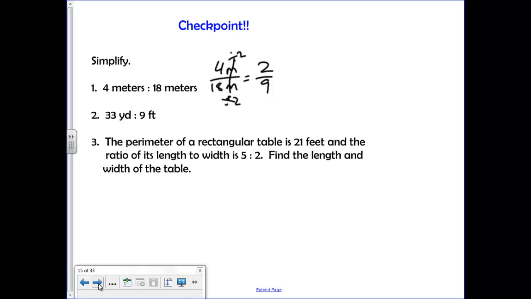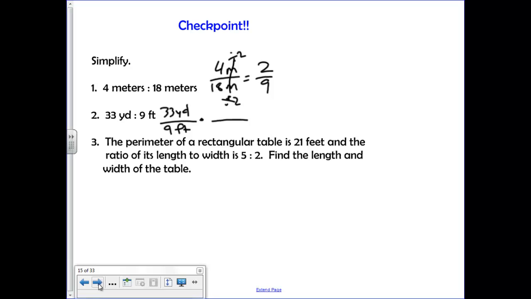Very good. How about here? 33 yards, 9 feet. Can I just simplify? No, not yet. Different units, I need to multiply by my conversion factor. I have yards and feet. 1 yard equals 3 feet, right?